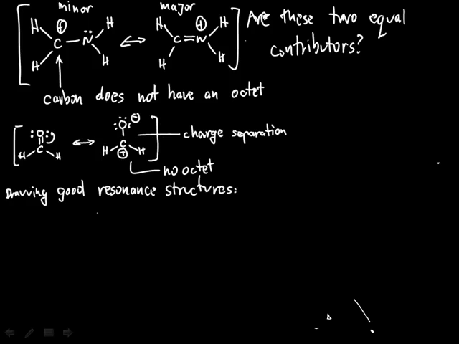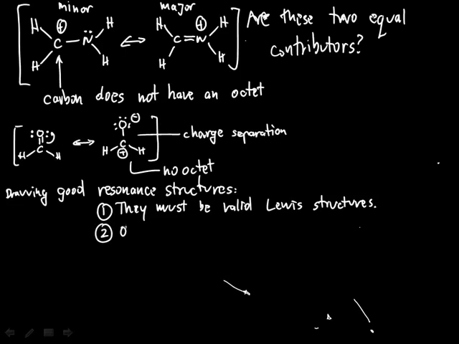So the first one is they must be valid Lewis structures. So Lewis structure concept is sort of an overarching concept, and so it takes preference over resonance. So any reasonable resonance structure must also be a good Lewis structure.